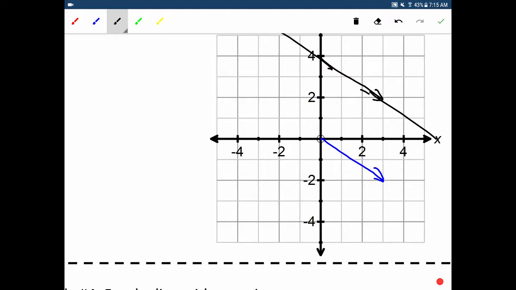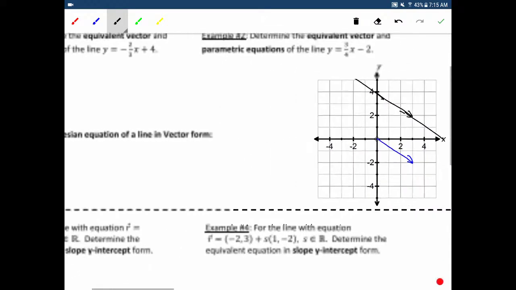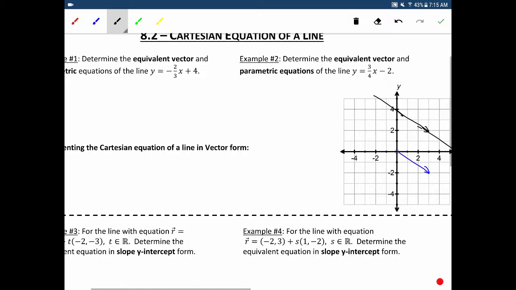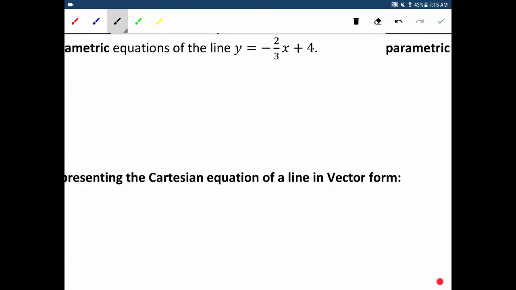But for this part, we're just going to forget the y-intercept and assume it starts at the origin, because now we can look at that and see that our direction vector is going to be 3, negative 2. Then we just have to add in the fact that it goes through the y-intercept of 4.